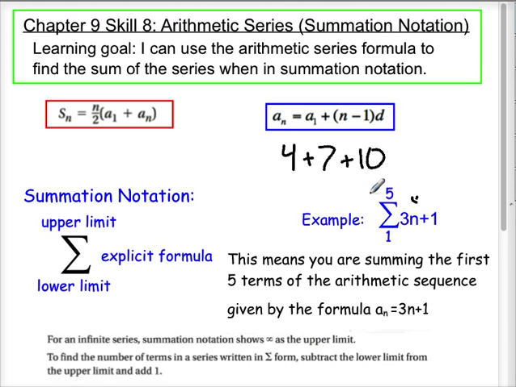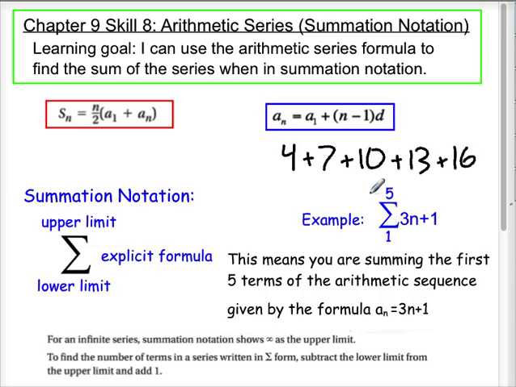Plug in a 4 for n, get 13. And plug in a 5 for n and get 16. So remember, that's what summation notation really means. You're using the n values of 1 up to 5, plugging those in, and adding up those terms.